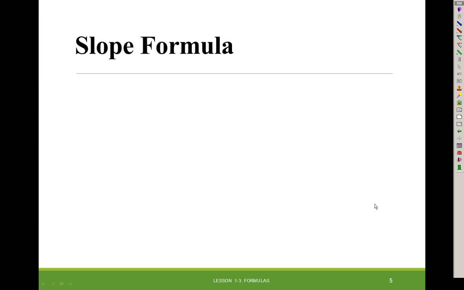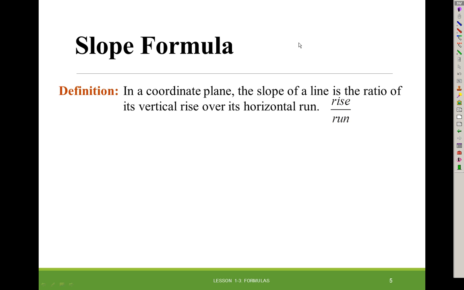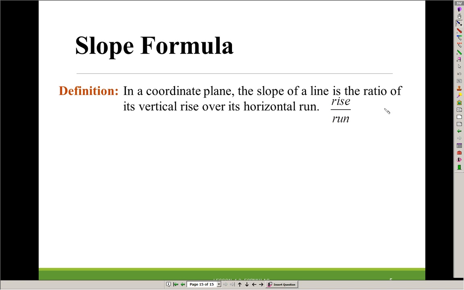For slope, you're looking for the rate at which the line is slanting, whether it's slanted up or down, or if it's horizontal. You're comparing the rise, which is the vertical change, over the run, which is the horizontal change. So you could call this M equals rise over run.